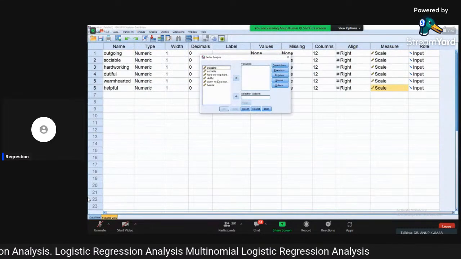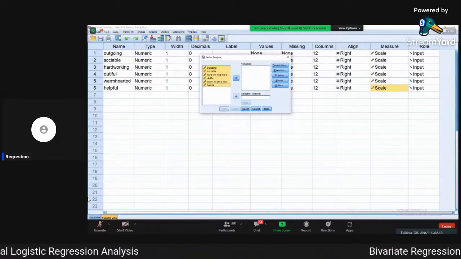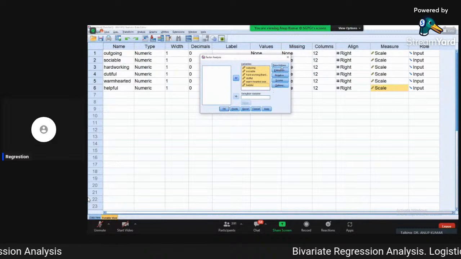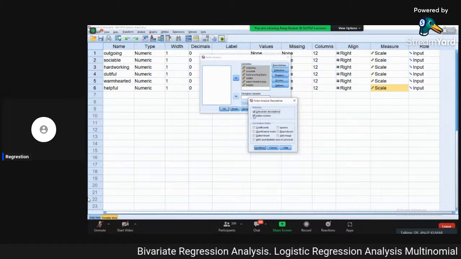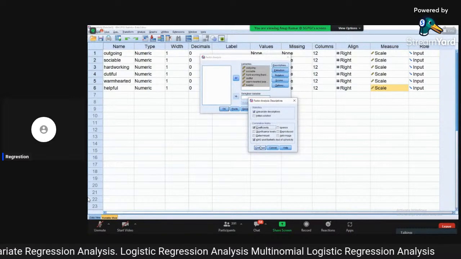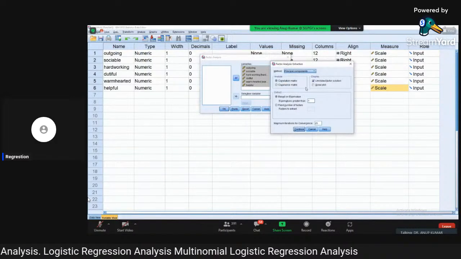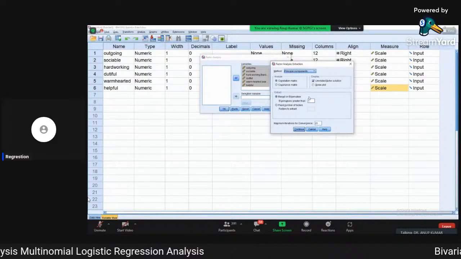And again, going to the factor, I will select all these variables, and again I will click descriptive. Okay, KMO and Bartlett test, and coefficient, continue, extraction, unrotated factor solution, principal component, and again based on the eigenvalues I will select this.